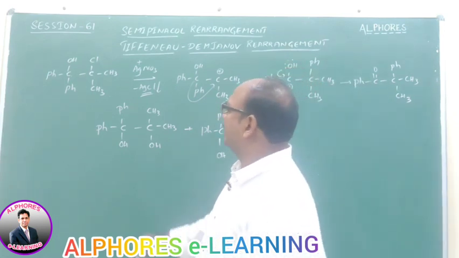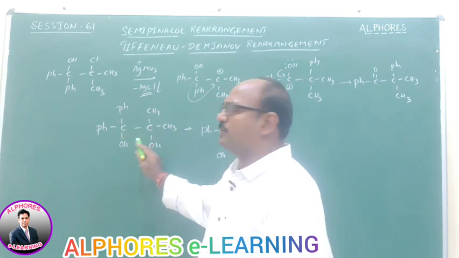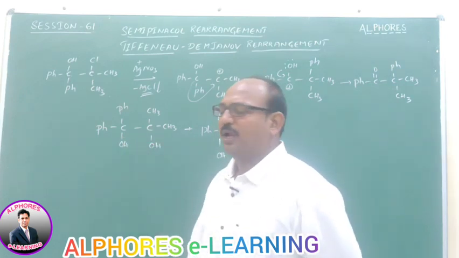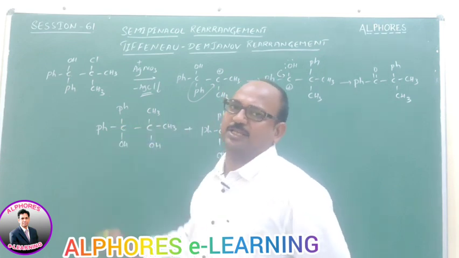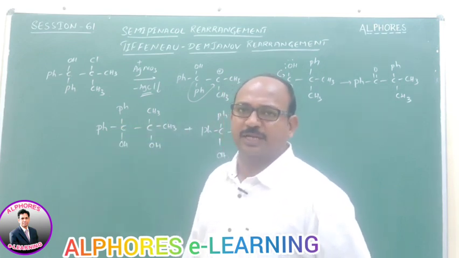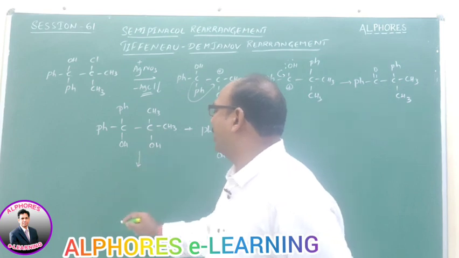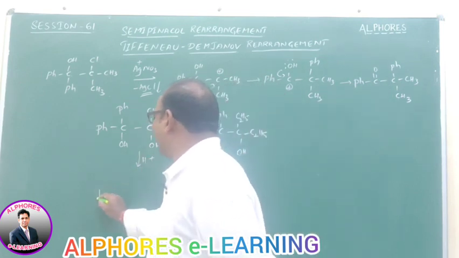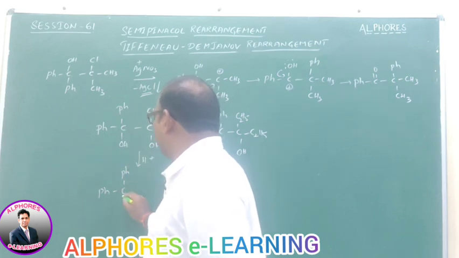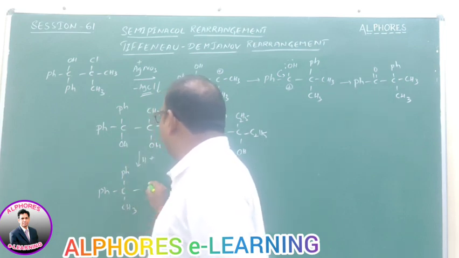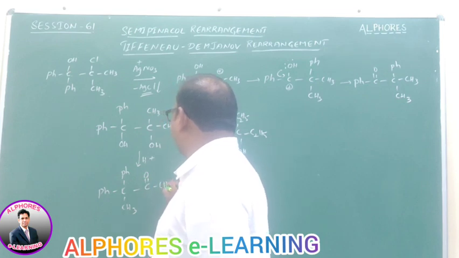We know that out of these two OH groups, this OH group is going to be protonated, carbocation formation takes place, and methyl migration takes place. What product do we get here? In the presence of acid, Ph, carbon, Ph, because of methyl migration CH3, here C double bond O, CH3.